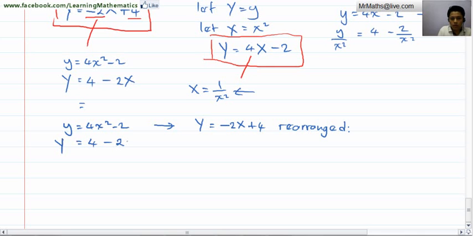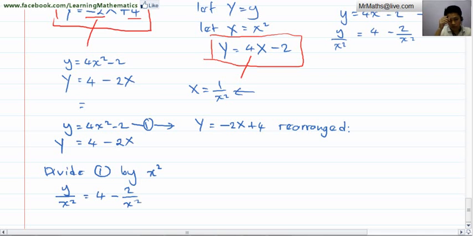I call this 1. So divide 1 by x squared. I get y over x squared equals 4 minus 2 over x squared. Okay, now I can transform already.